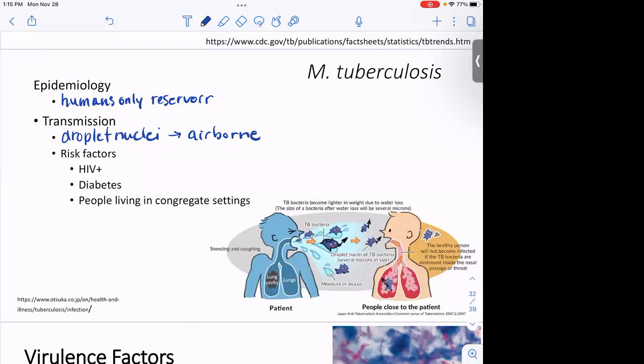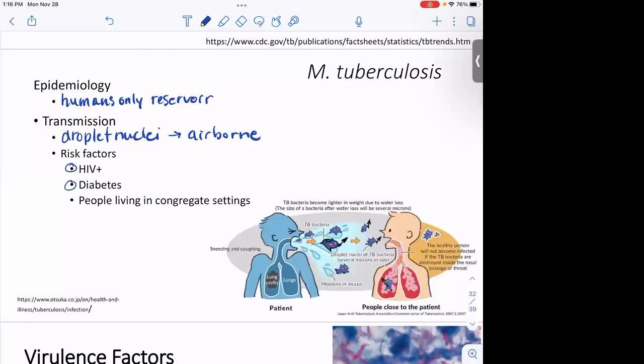Anybody can get TB. It's a true pathogen. There's certain people that are a little bit higher risk. Anybody that's HIV positive and does not have replication of that virus controlled by drugs. Somebody that's staying on their drug regimen perhaps would not have a higher risk.